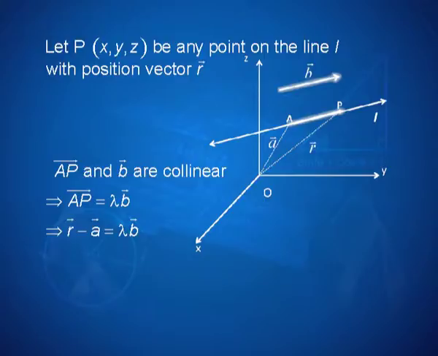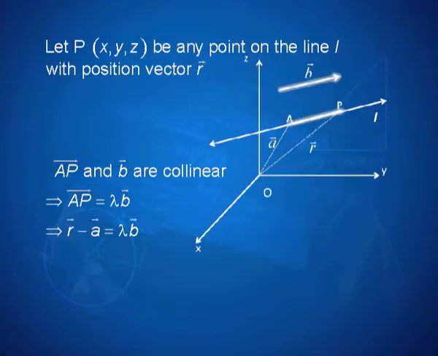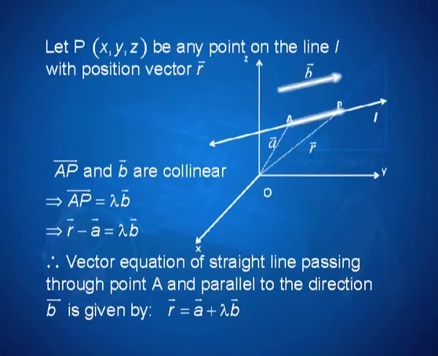So, vector AP becomes lambda times vector B. Vector AP is nothing but position vector of the point P minus position vector of point A. So, that gives me an expression as r minus A equal to lambda times vector B. That gives us the vector equation of the straight line passing through point A and parallel to the direction B, given as vector r is equal to vector A plus lambda times vector B.